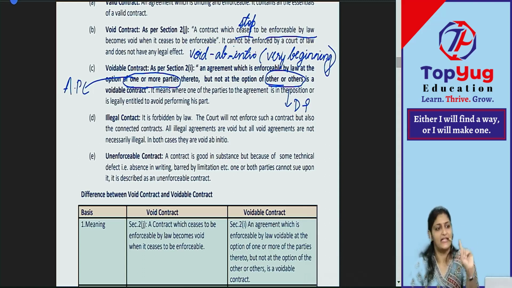Valid contracts, void contracts, and voidable contracts. So I want everyone to go home and please read everything that we have discussed. And if you have any doubt, please clarify with me, before class, after class, and virtual students also can clarify with me through messages. Okay, clear with this? Okay.